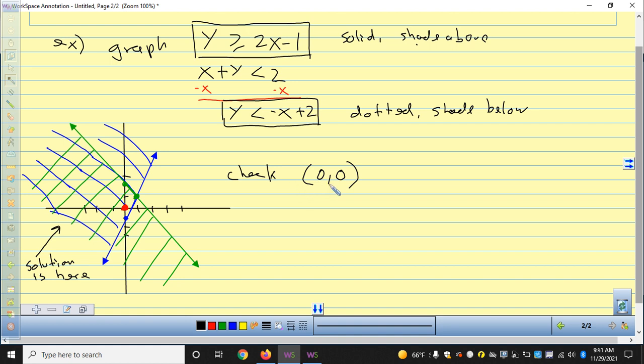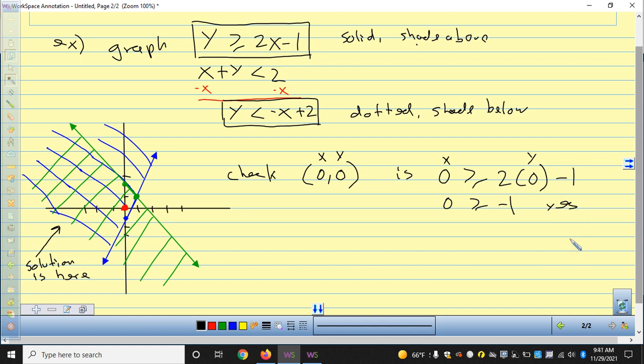So we're going to check 0, 0. For the first equation, is 0 greater than or equal to 2 times 0 minus 1? I'm plugging in an x and a y here. This is x and y. Is 0 greater than or equal to negative 1?